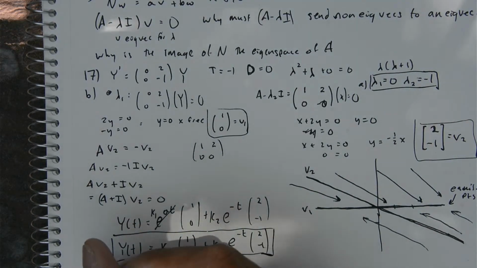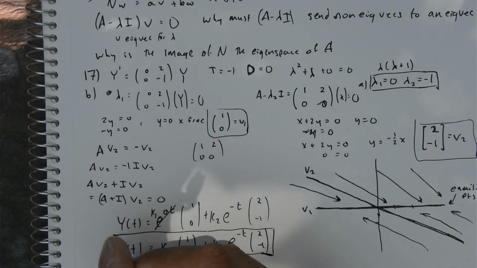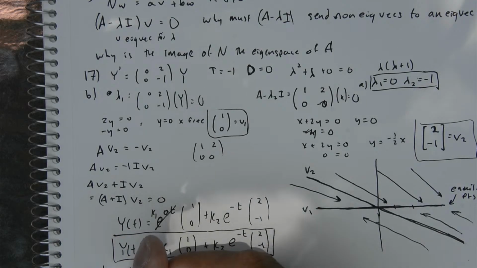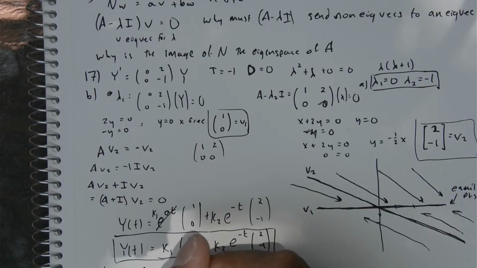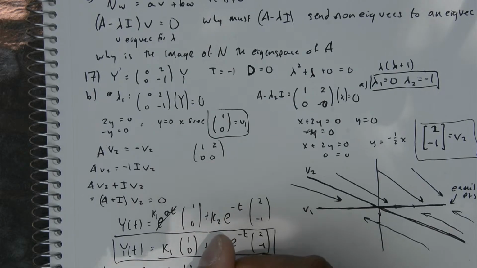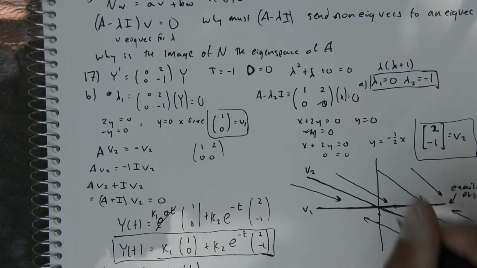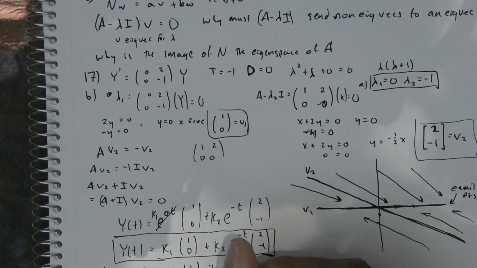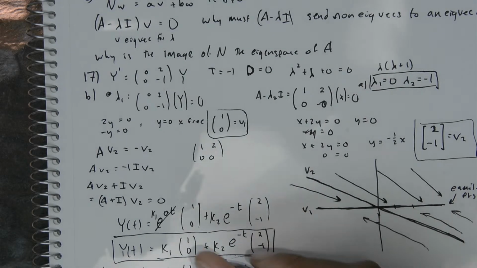But now we need to find the particular solution for y of 0 equal to 1, 0. And in this case, it's at equilibrium. So then y of t is just equal to 1, 0. So that one was easy.